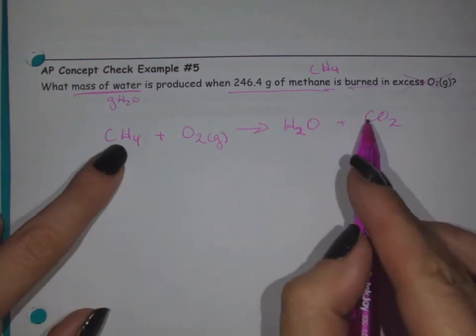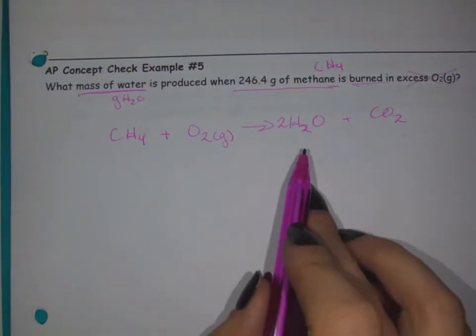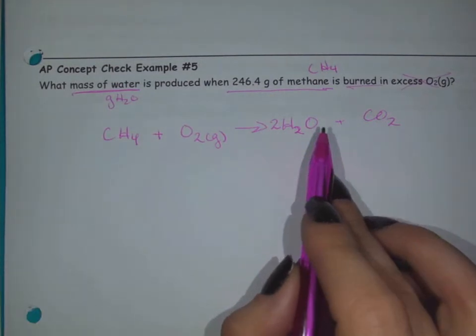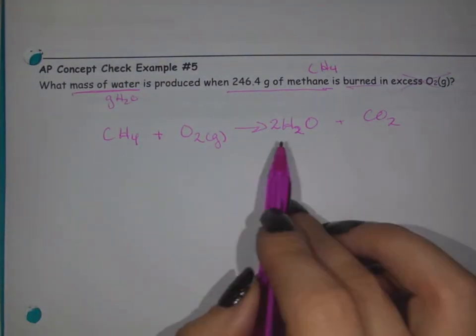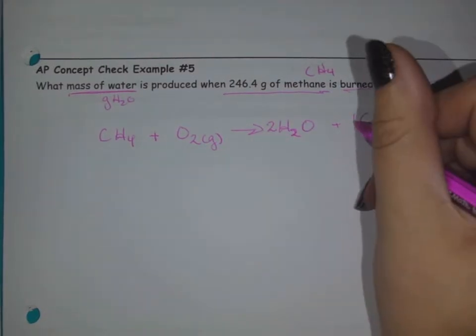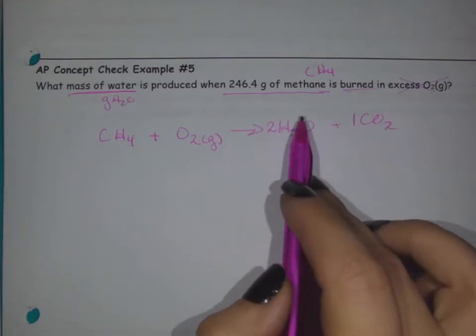Then we're going to balance this equation. So I have 1 carbon, I have 4 hydrogens, and on this side of the reaction, there's 2 oxygens right here, and then I have another 2 oxygens right here. So a total of 4 oxygens over here.